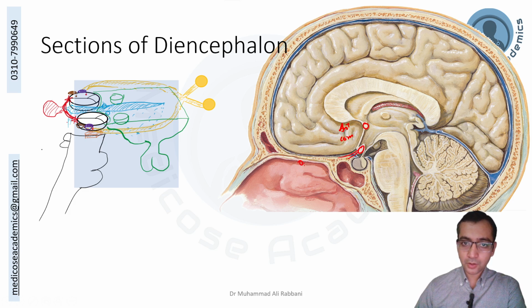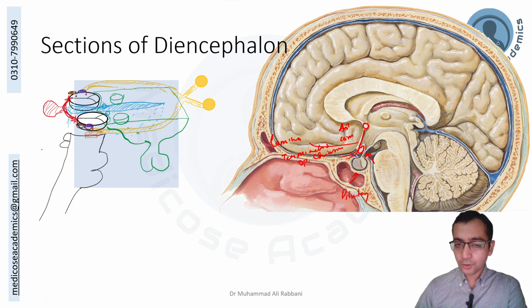This is the optic chiasm. Between them, this is the lamina terminalis. Below, this is the pituitary.